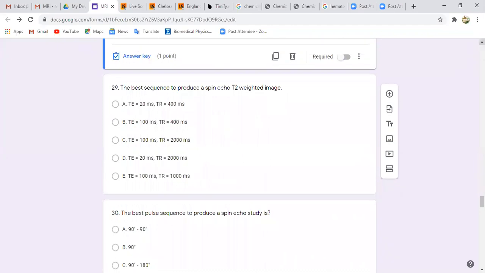So what will be our best sequence to produce spin? What will be the best sequence for T2 among these? Option B. Option B. T2.